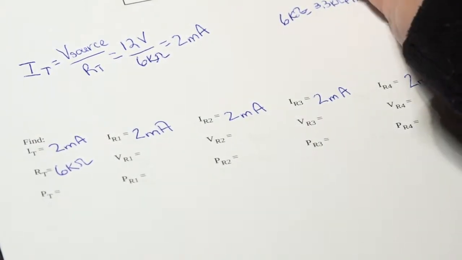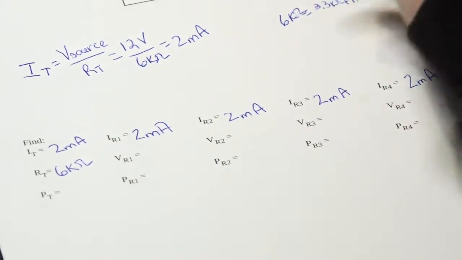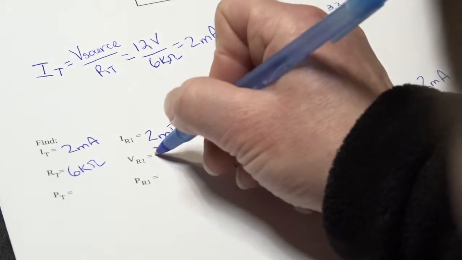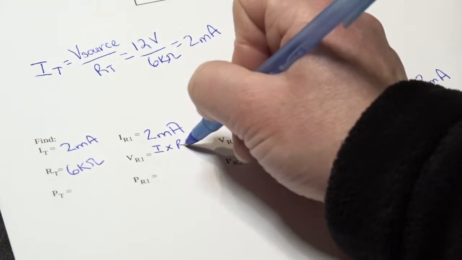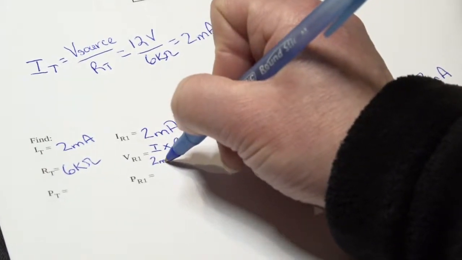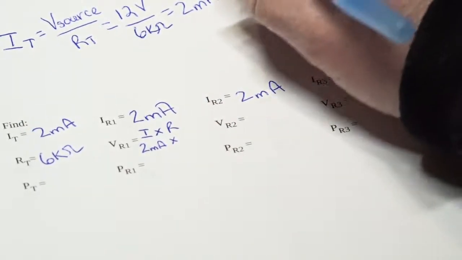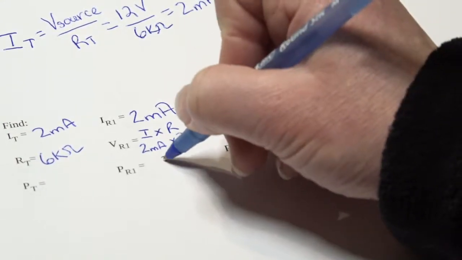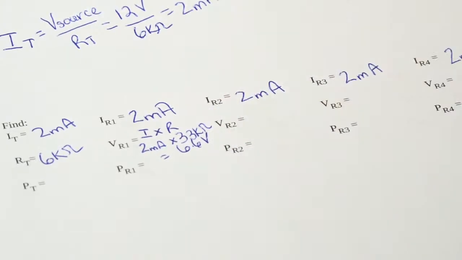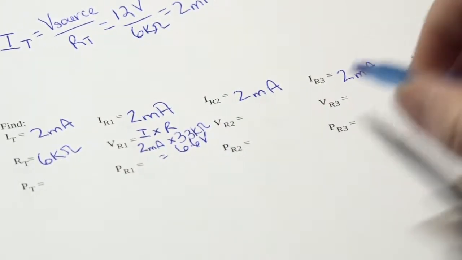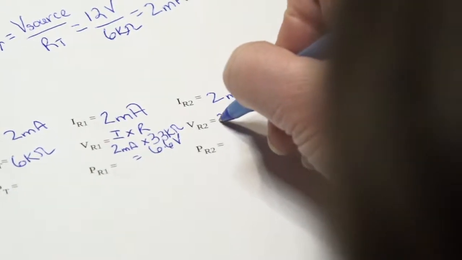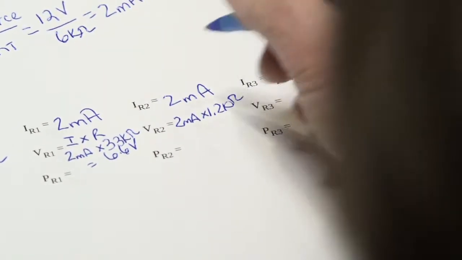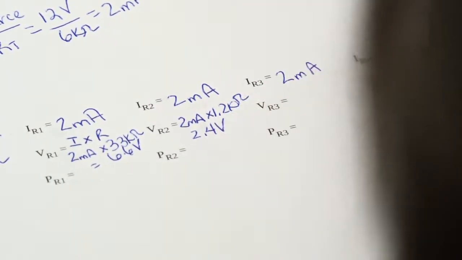Now, we are going to calculate the voltage in R1, which we know is going to equal, by Ohm's law, current times resistance, which in our case is 2 milliamps times 3.3K ohms, which gives us 6.6 volts. If we take resistor number 2, we have 2 milliamps times 1.2K ohms, and that gives us 2.4 volts.